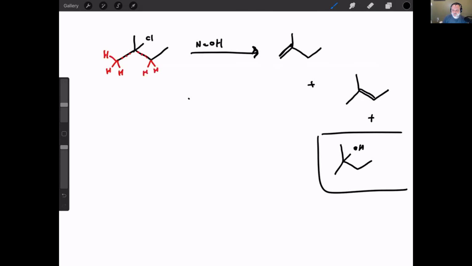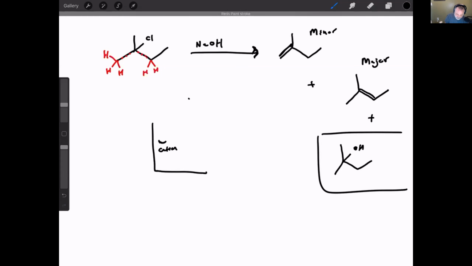Yeah, it's going to be the one that has the most substituted alkene. Remember, the most substituted alkene is the lowest energy alkene. And so just like before, and I'm showing you only from the intermediate, this is the cation.